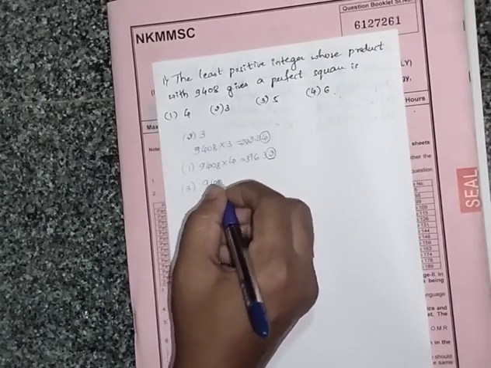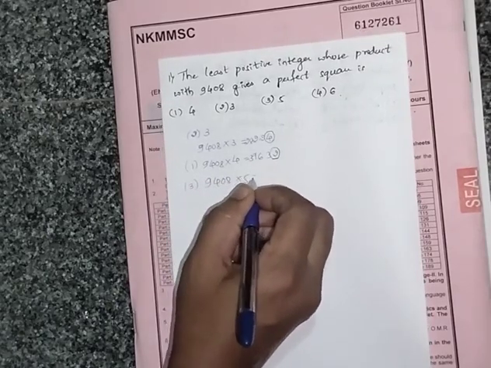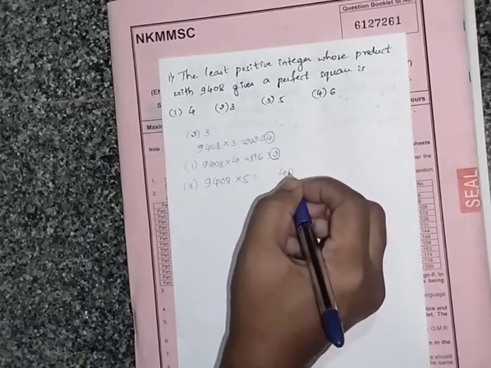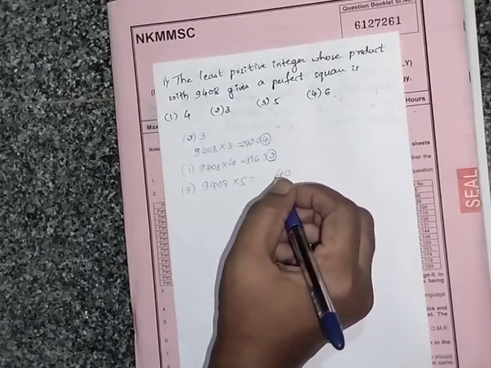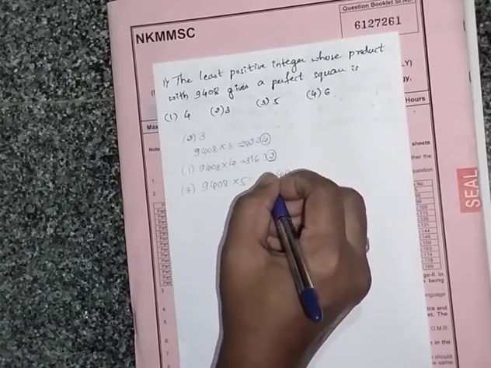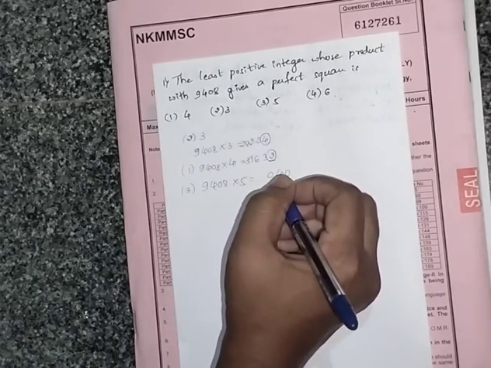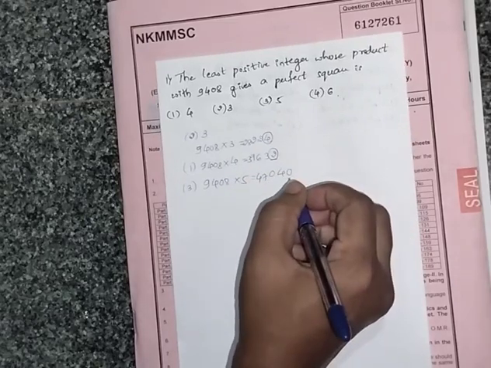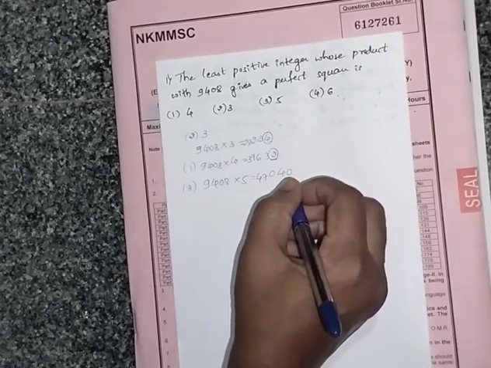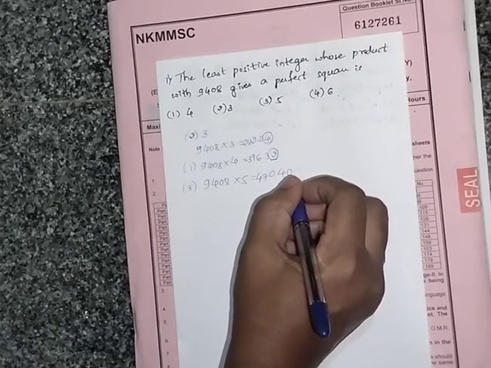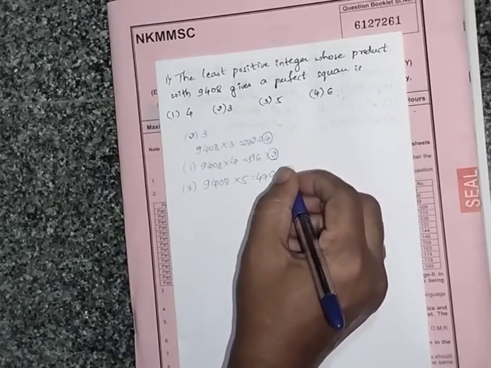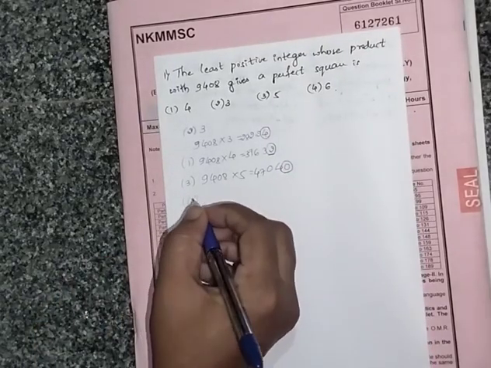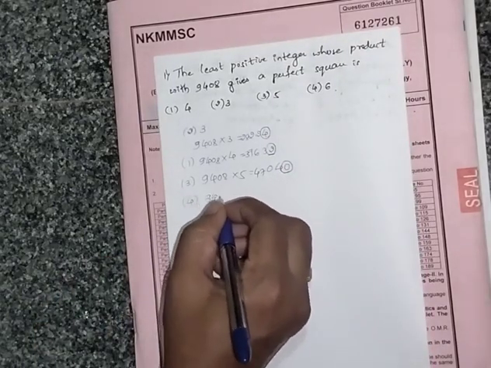When we multiply 9408 with 5, 5 8s are 40, 5 into 0 is 0, 5 4s are 20, 5 9s are 45 plus 2 is 47. So whenever we multiply 5 with 9408, in the units place we are having digit 0. And let's check option number 4, that is 6.